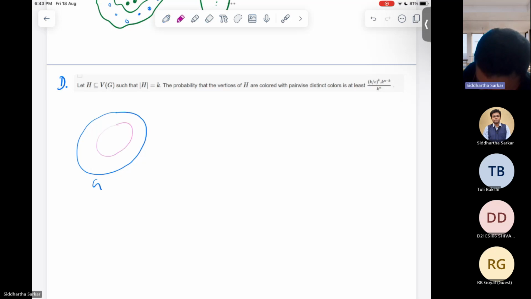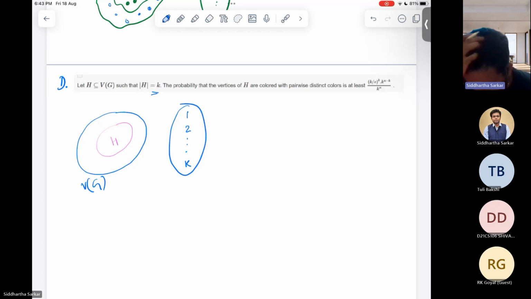So this is H, this is the vertex set, and H has k vertices, and you have k colors at your disposal. So there are so many possible ways in which you can color the vertices. So what is the probability that the vertices of H are colored with pairwise distinct colors?